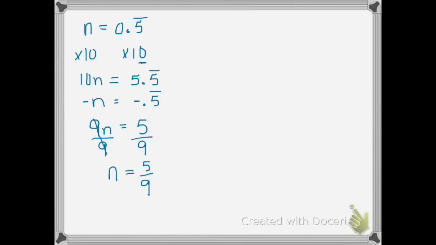So let's look at that again with something that's not just one repeating digit. Let's say we have the number 2.035 repeating, and it's that 35 repeating. So that's what we make equal to our variable. We want to move the decimal point, and in this case we want to move it three places, so that we get it past those two repeating places.